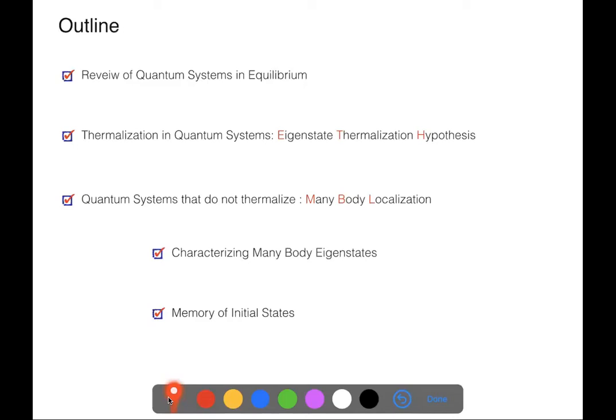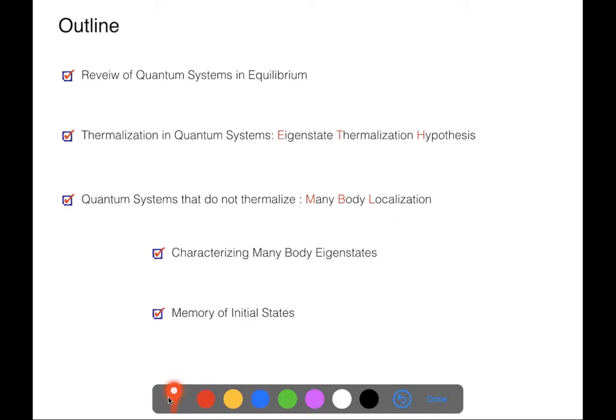One, as we will see from the eigenstate thermalization hypothesis, systems which thermalize, their energy eigenstates actually have some very specific characteristics. Okay, so what we will try to ask is for things which do not thermalize, can we characterize the many body eigenstates, in ways that distinguish these many body eigenstates from systems which do thermalize.